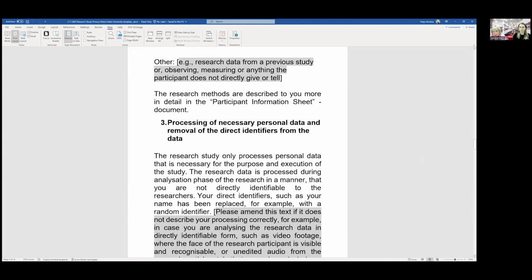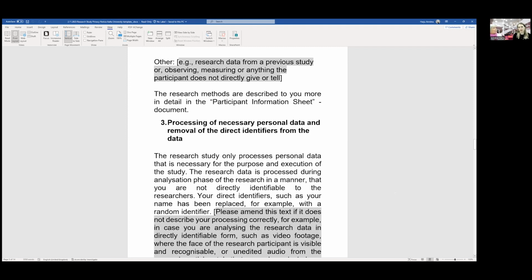And anything that the participant doesn't directly give or tell has to be listed here. And then the research methods would be described in the participant information sheet, where you discuss the other things that are not personal data processing.